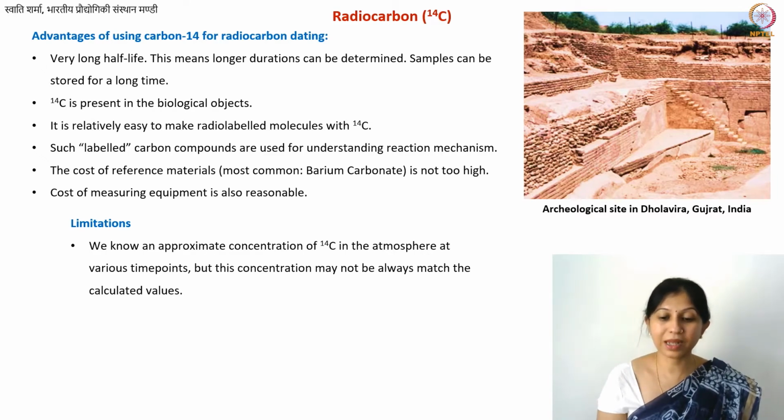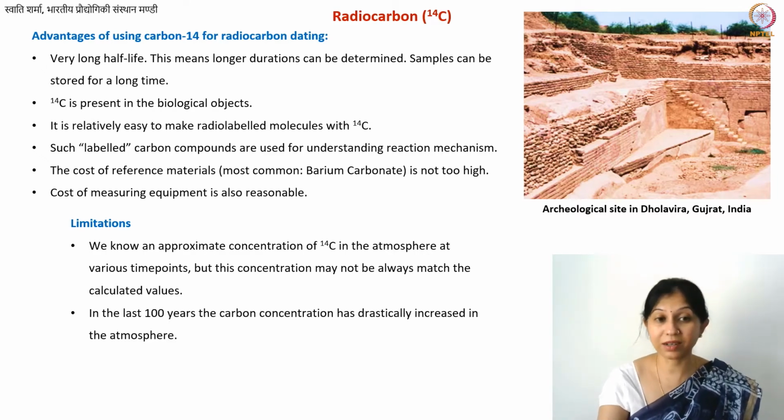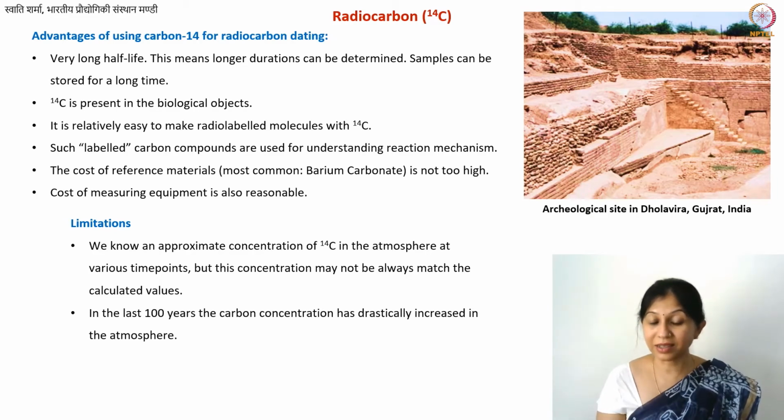For example, in the last 50 or 100 years, we all know that the concentration of carbon in the atmosphere has increased a lot, which also means that the concentration of carbon-14 has increased a lot. This may have happened also, let's say, 20,000 years ago, when there was a big fire, and that is why the atmospheric concentration of carbon increased.